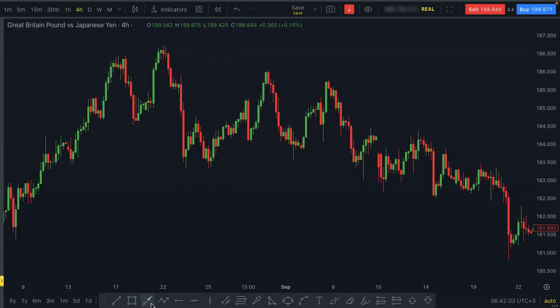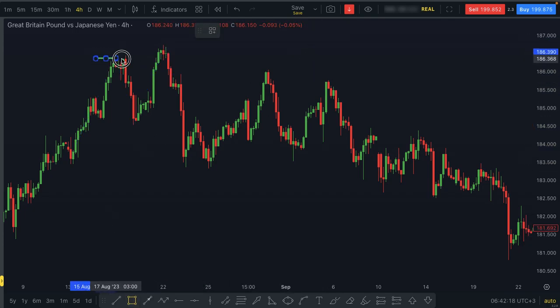Since the market was creating a series of higher highs and higher lows, at this time it's giving us double tops. And what does that mean for us as traders?